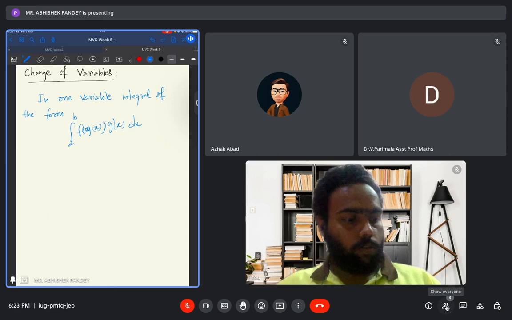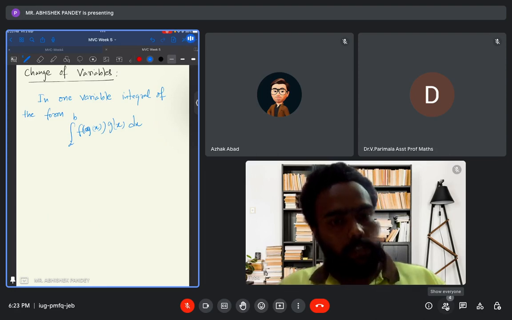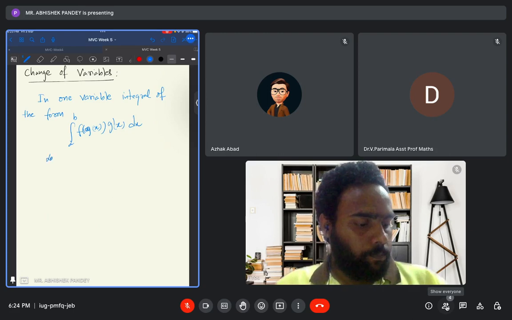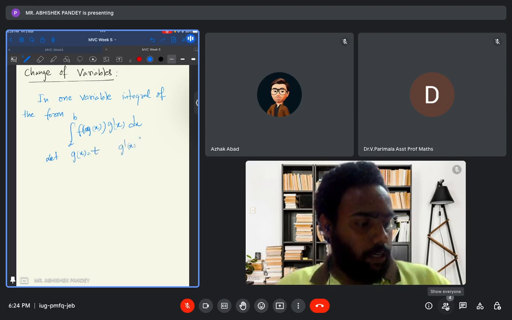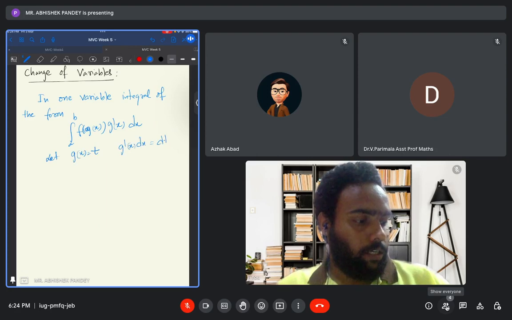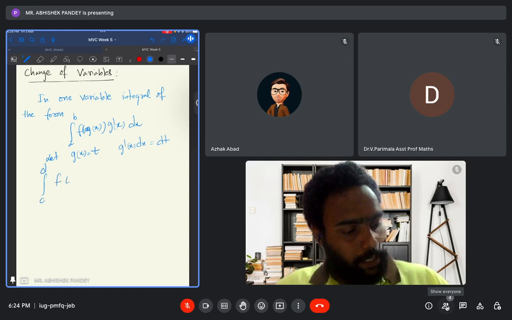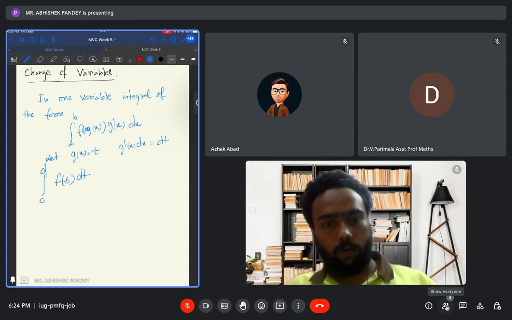Such kinds of integrals are quite easy if you change the variable. Let g of x equal t, so you will get g dash x dx equals dt. So this integration will become c to d of f of t dt. Now this is in the standard form.